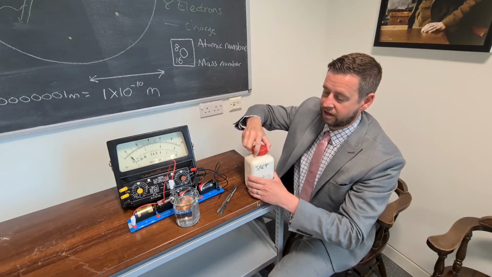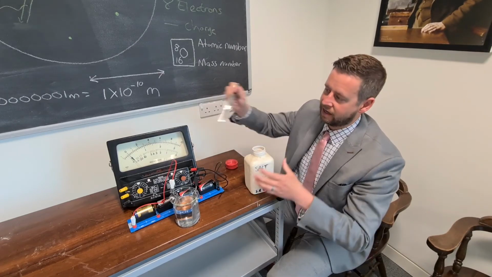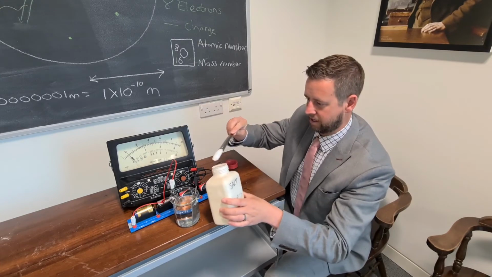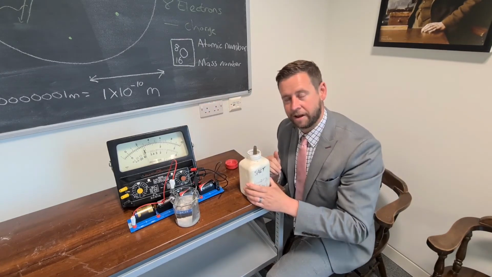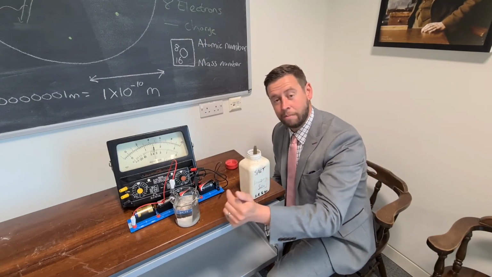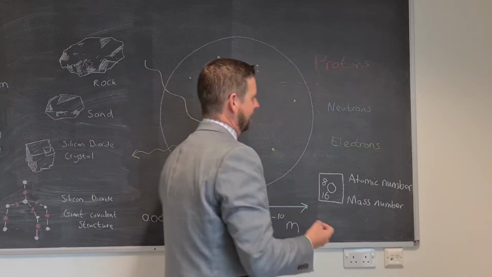So let's have a look. If we get some ions and chuck them in, do we see an electrical current flowing through this circuit? Well, let's chuck some in. Ta-da! There you go. Now ions are moving through this water, proving that they exist.